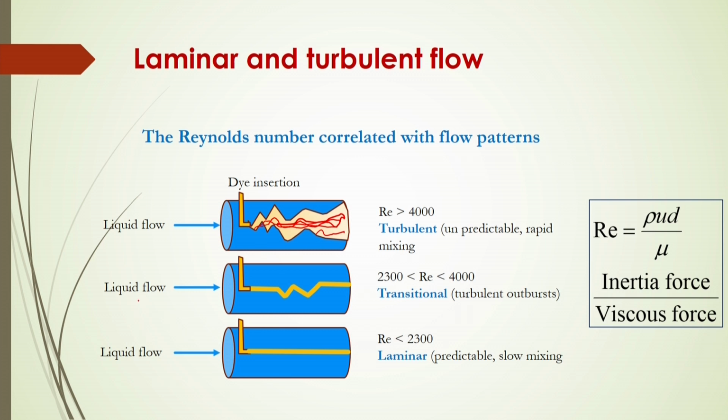And when the liquid flows in a certain fashion, where the dye particles follow a somewhat linear path, with only a small change of location with respect to the liquid flow, it could be considered either laminar or turbulent, so it is called transitional flow. And if the dye particles just follow a straight line, with no zigzag path of movement in the liquid flow, it is laminar flow.